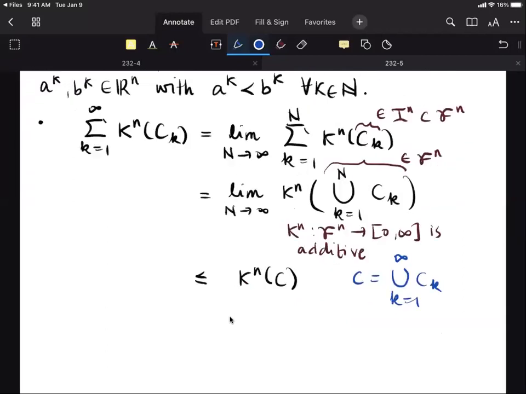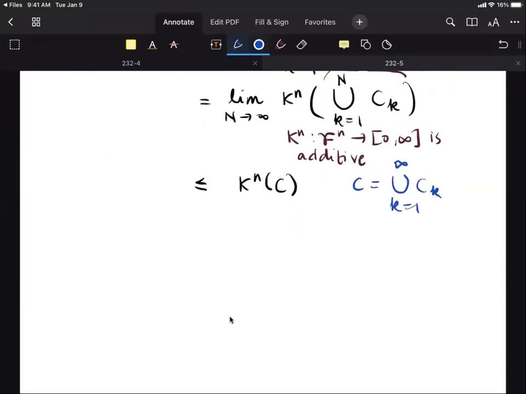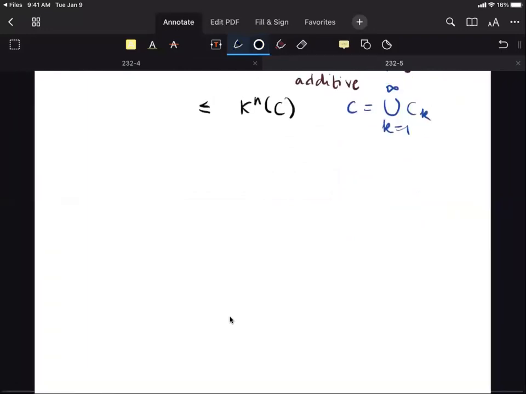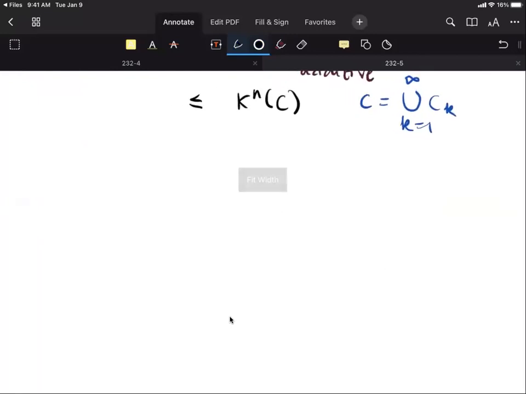To prove the reverse inequality, what we do is the following. So let us illustrate the case for n equals 2.